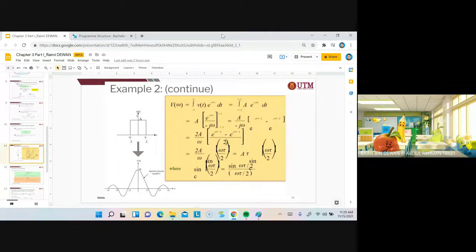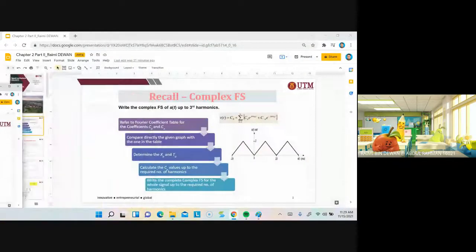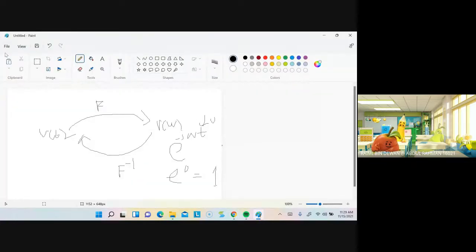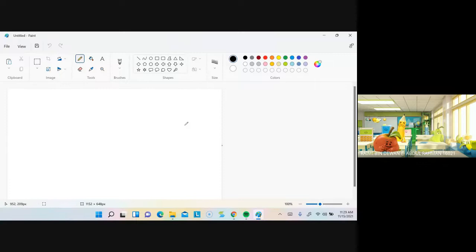So please refer to your slide because I'm going to use the touch screen. Refer to your own slide, slide page 1. Forgive me, the slide looks a bit messy, but as long as you understand it, that is more important.